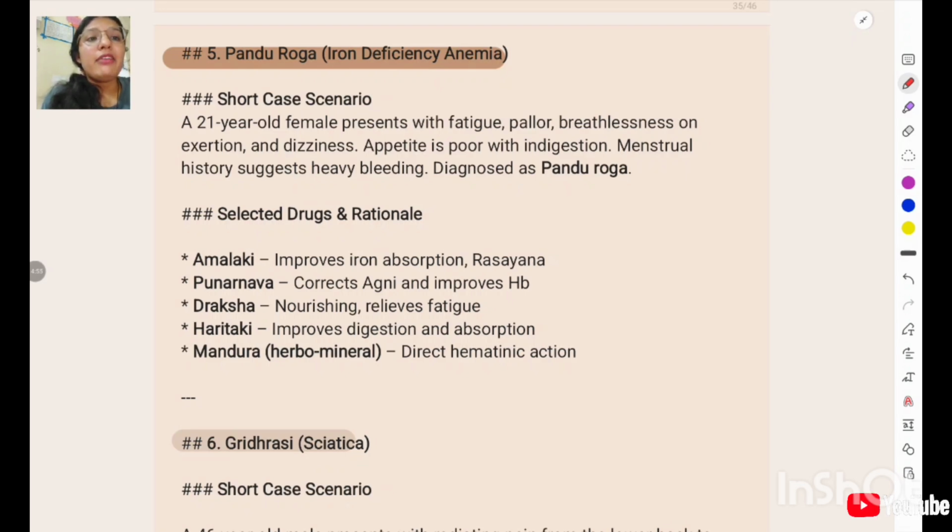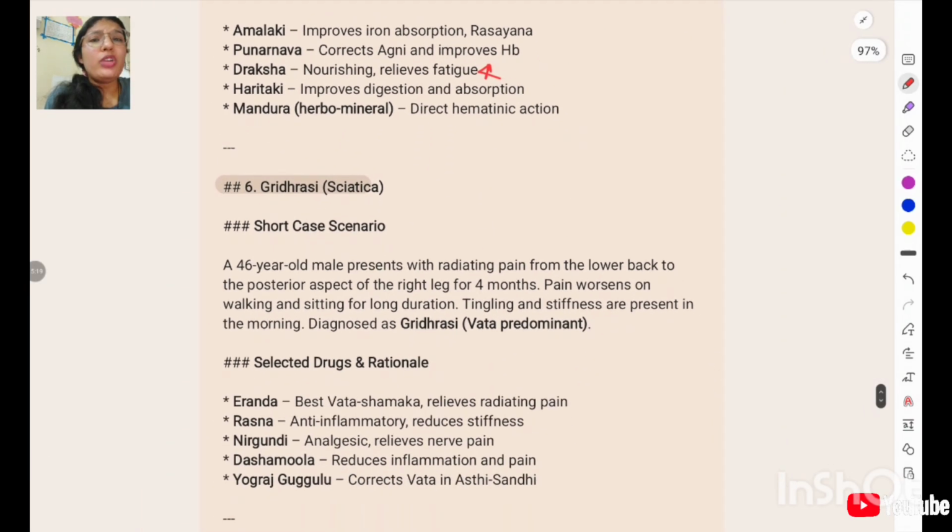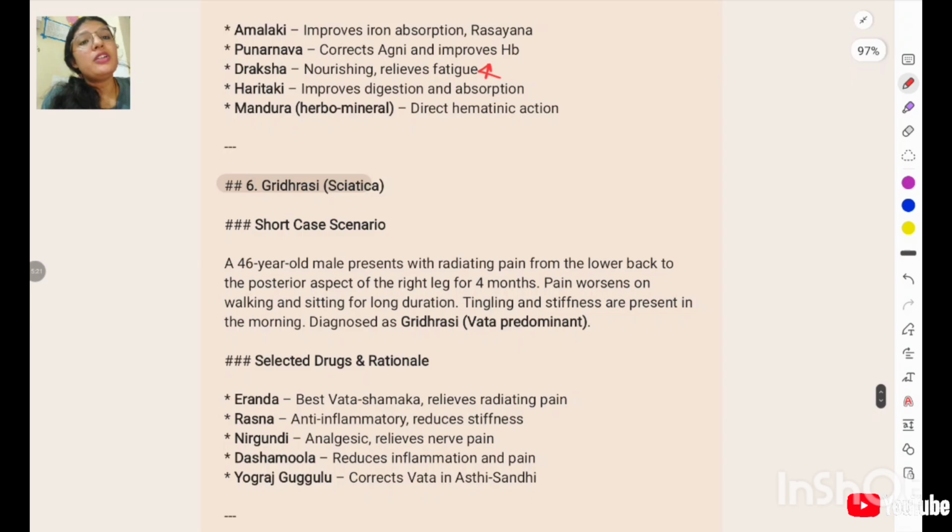And vitamin C is very important, and in Ayurveda, Amalaki is said to be taken daily. Punarnava, since it is a Vayahsthapak, will also correct your Agni and improve your hemoglobin. Draksha is very important in iron deficiency anemia and all. Then Haritaki will improve your digestion, Anulomana action. And Mandura is actually your iron preparation.